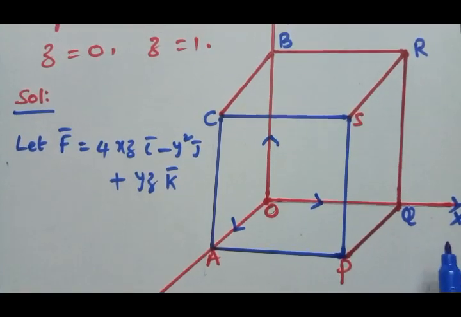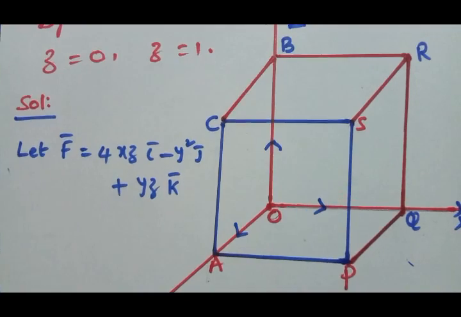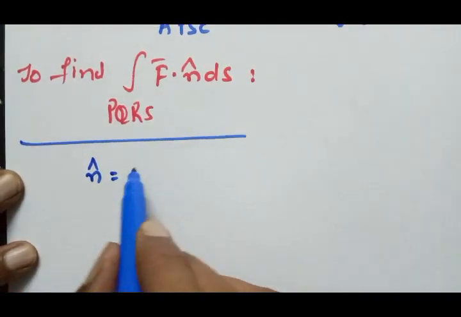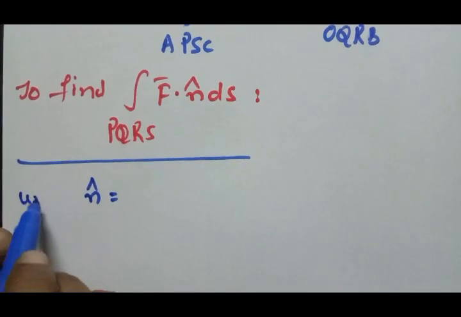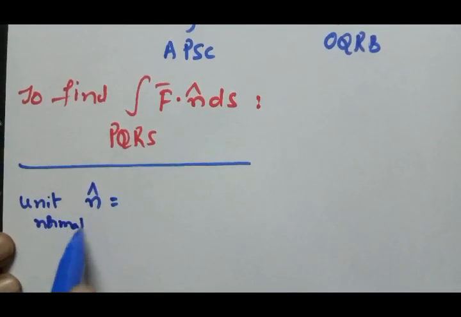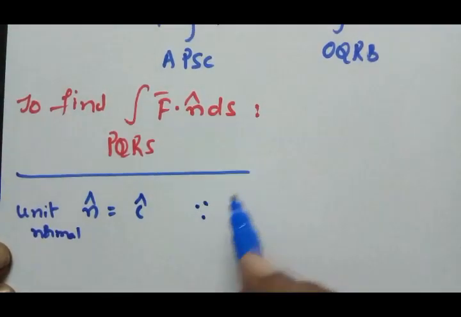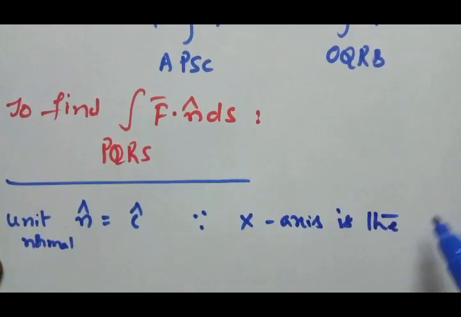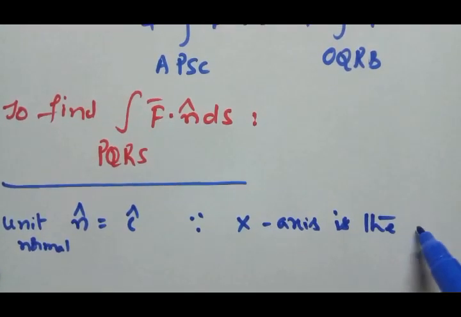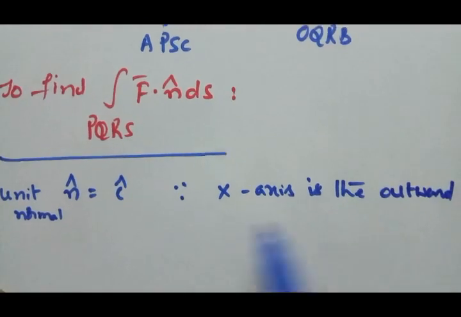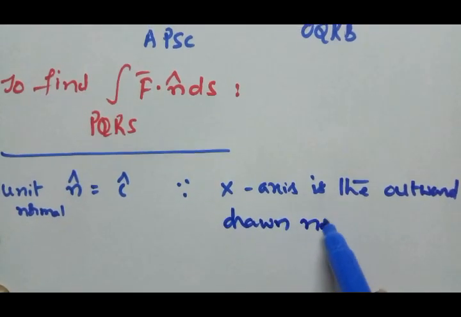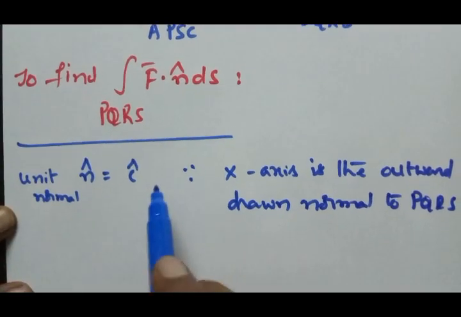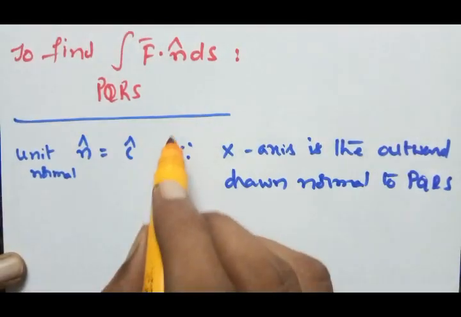Therefore, the unit normal vector n cap is equal to i cap, since the x-axis is the outward drawn normal to the surface PQRS. Therefore, n cap is equal to i cap.